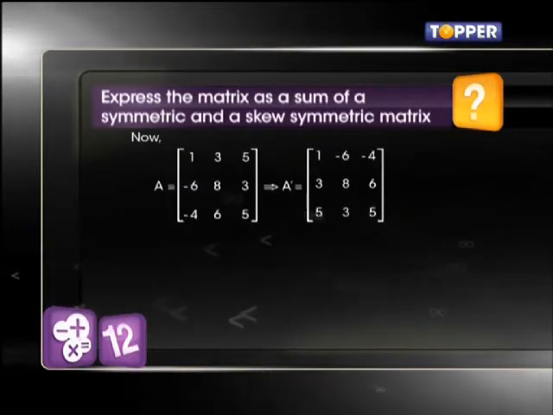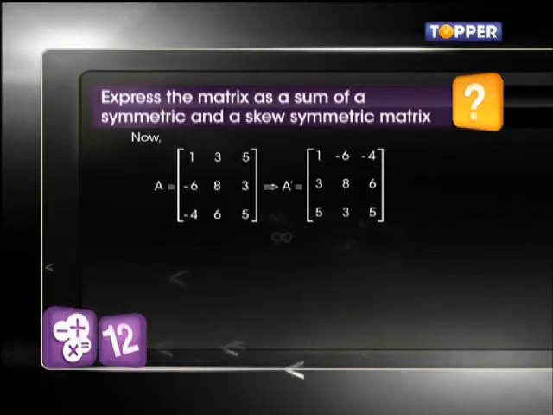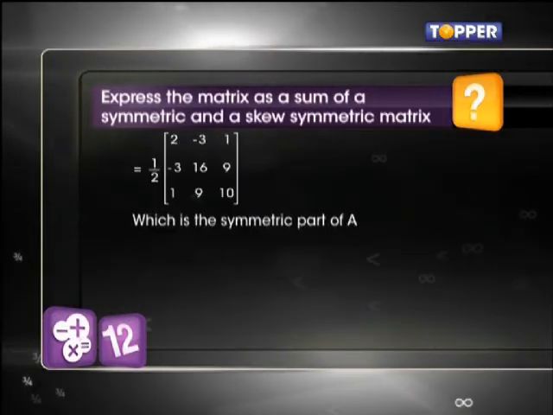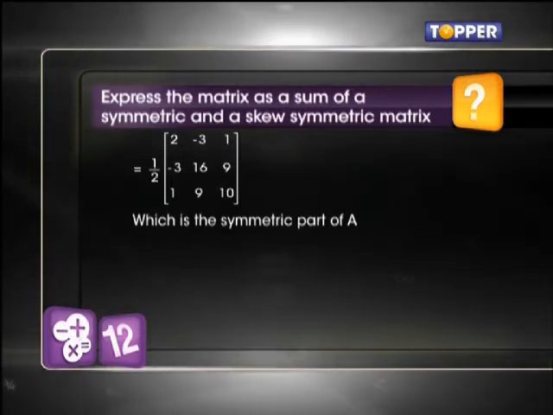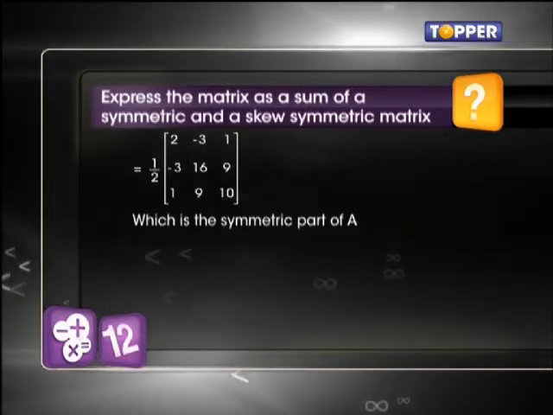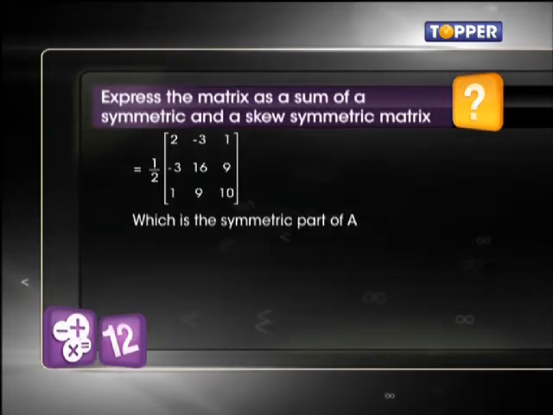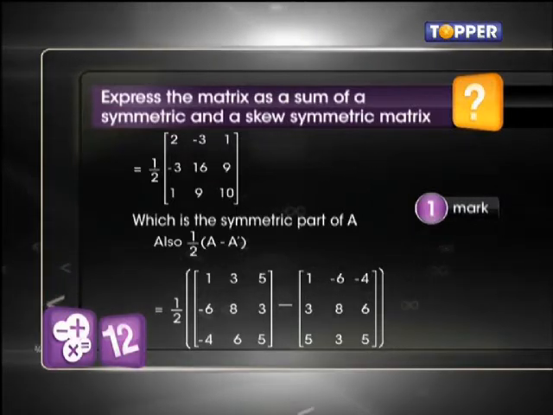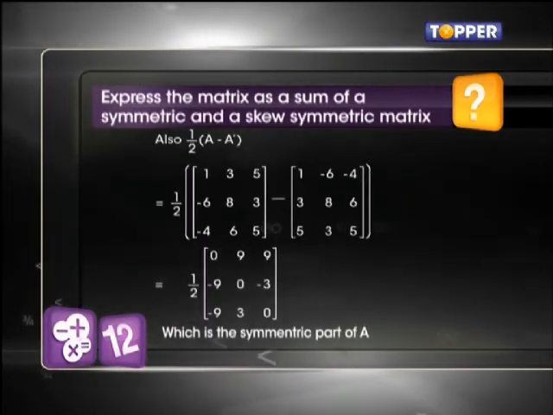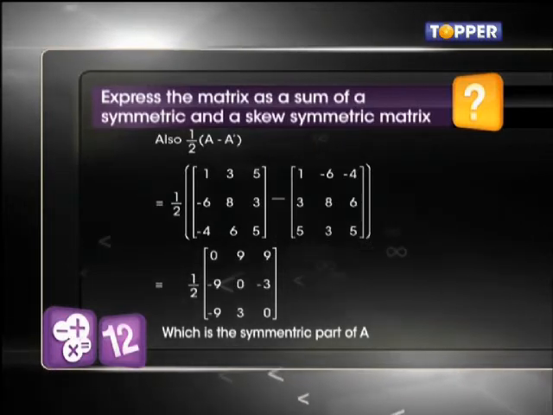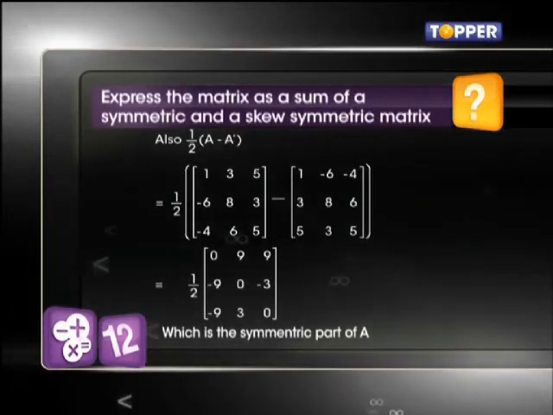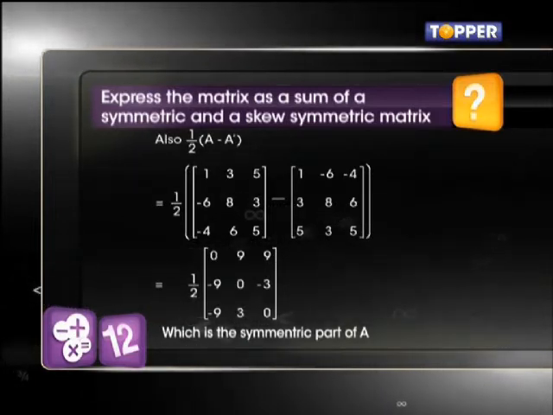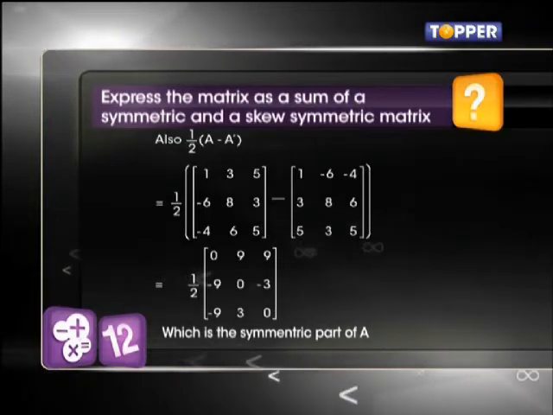So we get the symmetric part as 1 upon 2 multiplied by matrix [2, -3, 1; -3, 16, 9; 1, 9, 10], and the skew-symmetric matrix as 1 upon 2 multiplied by matrix [0, 9, 9; -9, 0, -3; -9, 3, 0].